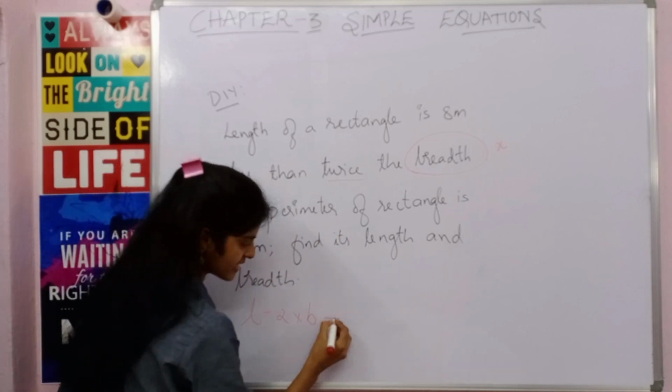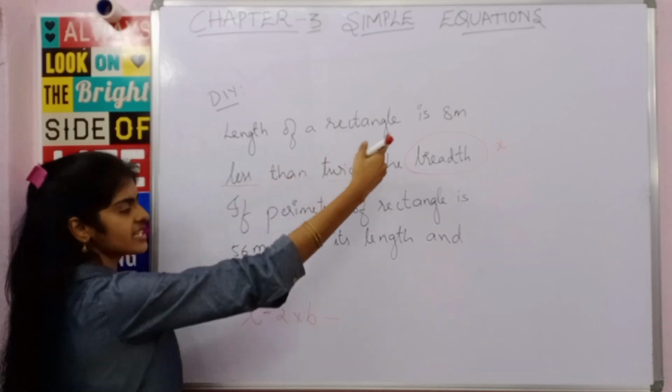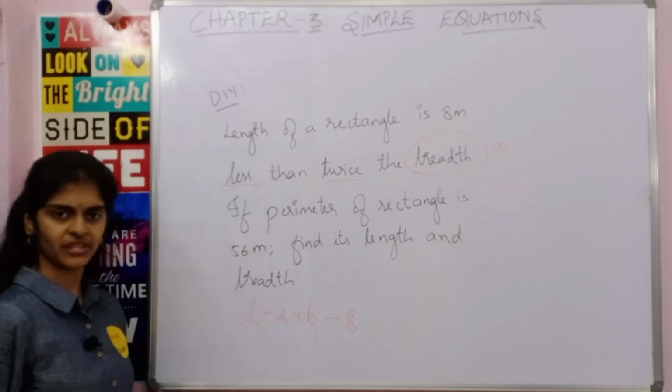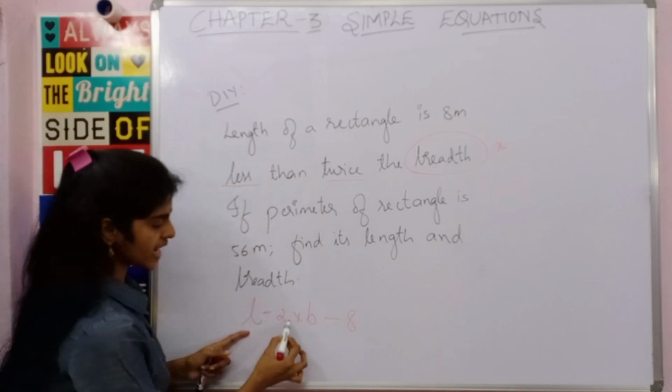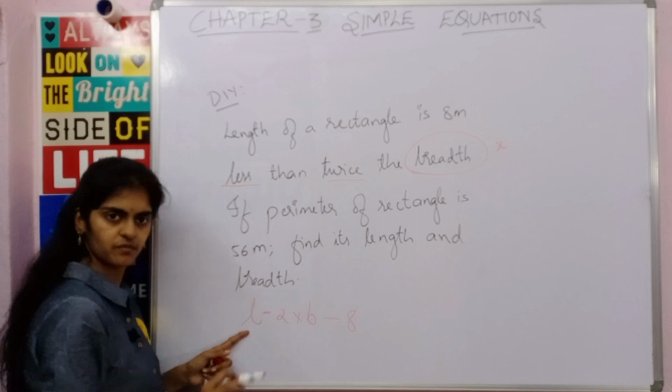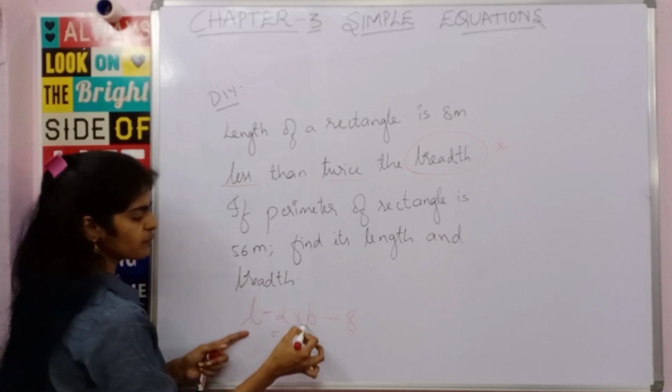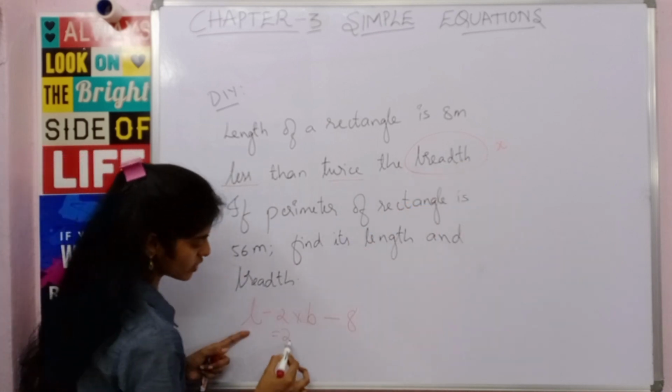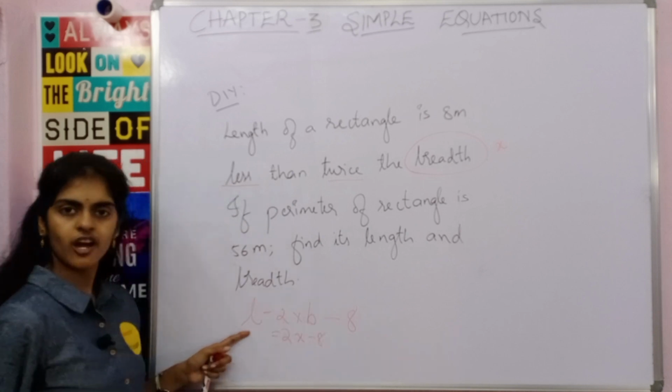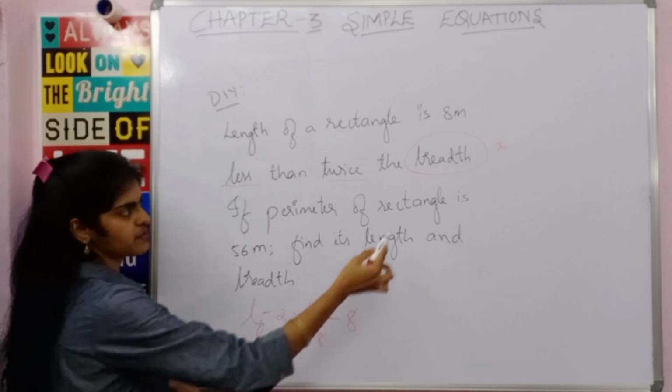Less means it is minus. How much less? 8 meters less. So length is 2 times the breadth minus 8. Breadth is x, so length is 2x minus 8.